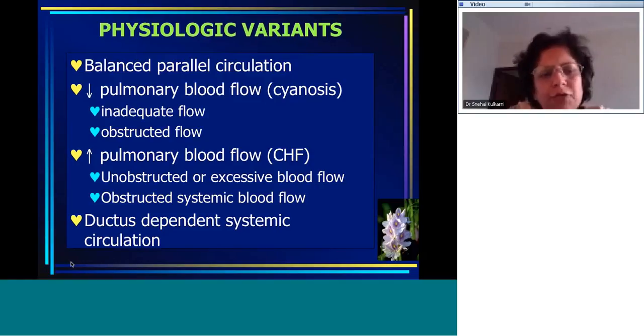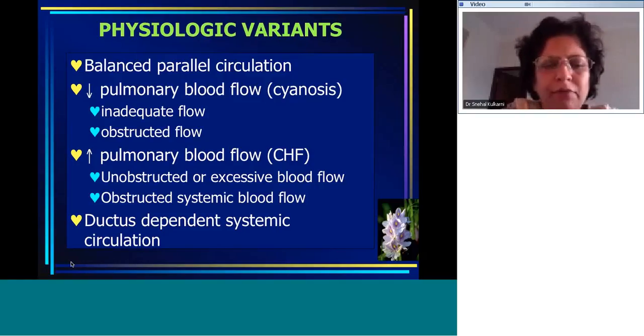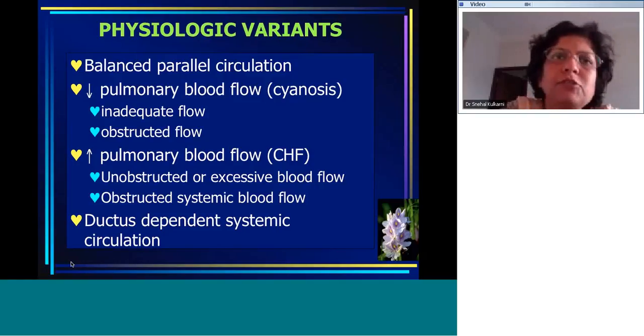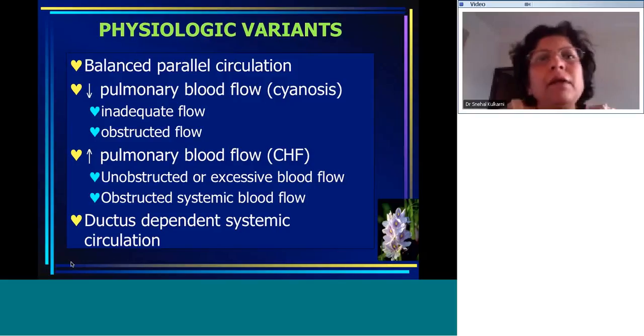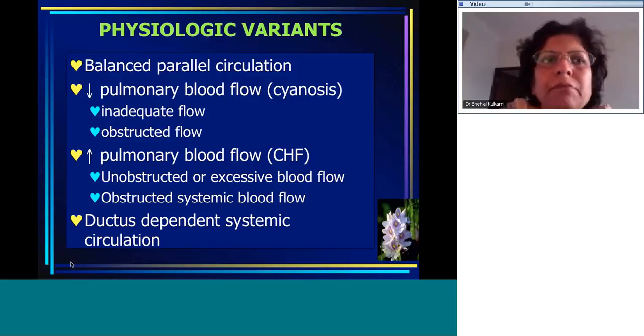The next situation is excessive pulmonary blood flow. You may have a patient with univentricular heart who comes to you with heart failure. Sometimes you might have seen patients with univentricular heart with excessive pulmonary blood flow without pulmonary stenosis. So we have double inlet left ventricle with pulmonary artery hypertension without pulmonary stenosis, and they present with heart failure.